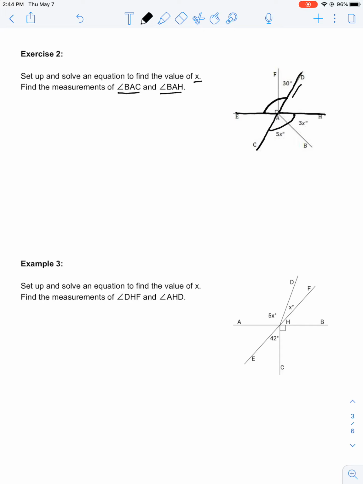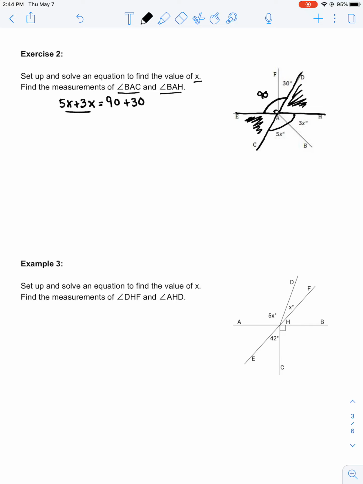If you notice, there is nothing here that can help us and nothing here that can help us. So here's our 90-degree angle, so that's 90 degrees. So here we have 5x plus 3x, and that's going to equal 90 plus 30.